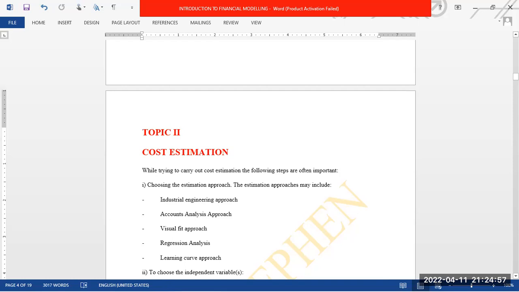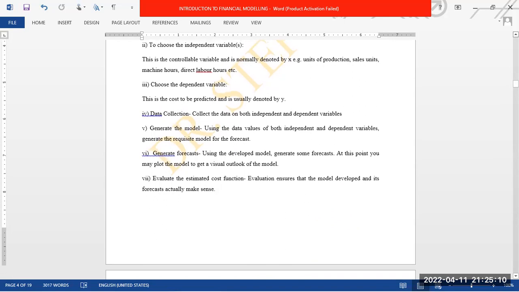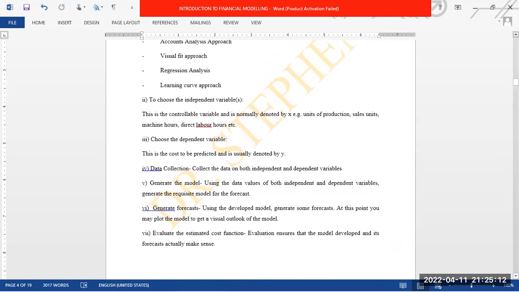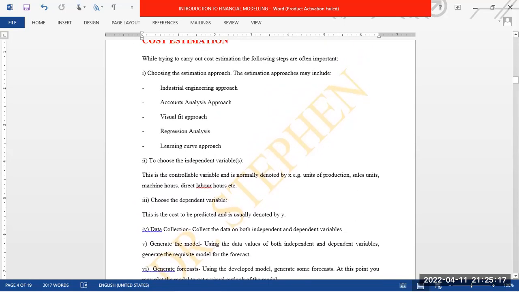So in estimation approach, we have account analysis approach, we have industrial engineering approach, then we have visual fit approach, linear and regression analysis approach. So those are some of the approaches that we have in cost estimation.